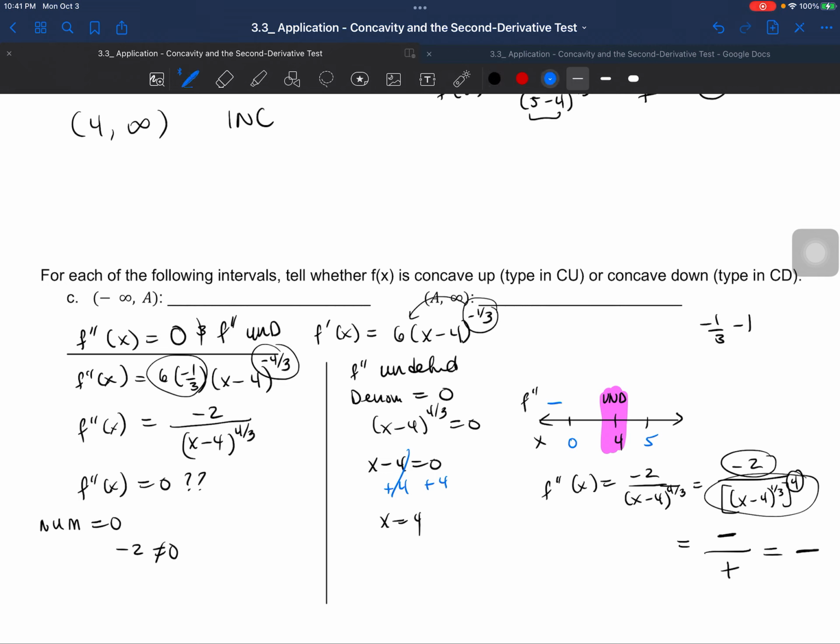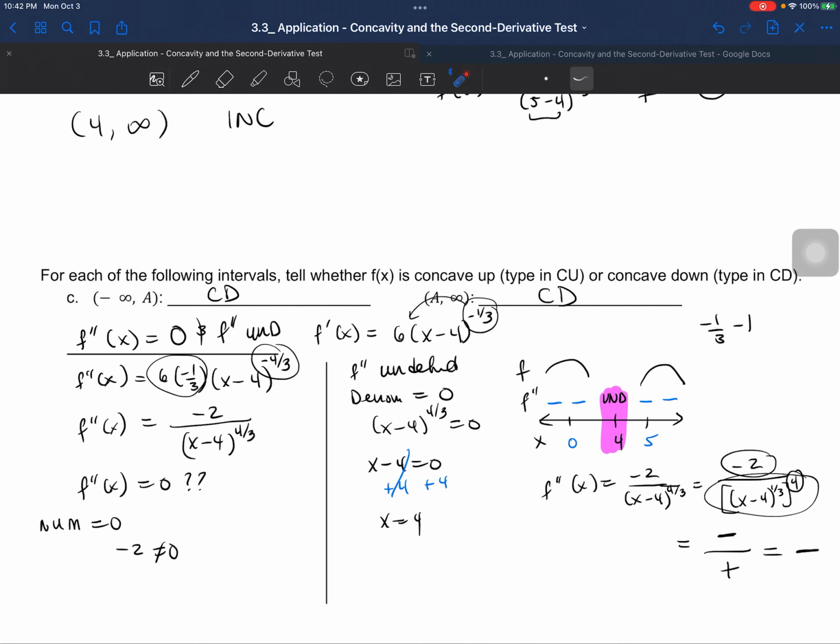Negative over a positive will be negative. So in other words, this is negative everywhere, so we have concave down, concave down, concave down. And that's it, right? Both cases are concave down. From -infinity to 4 is concave down, and from 4 to +infinity is concave down.